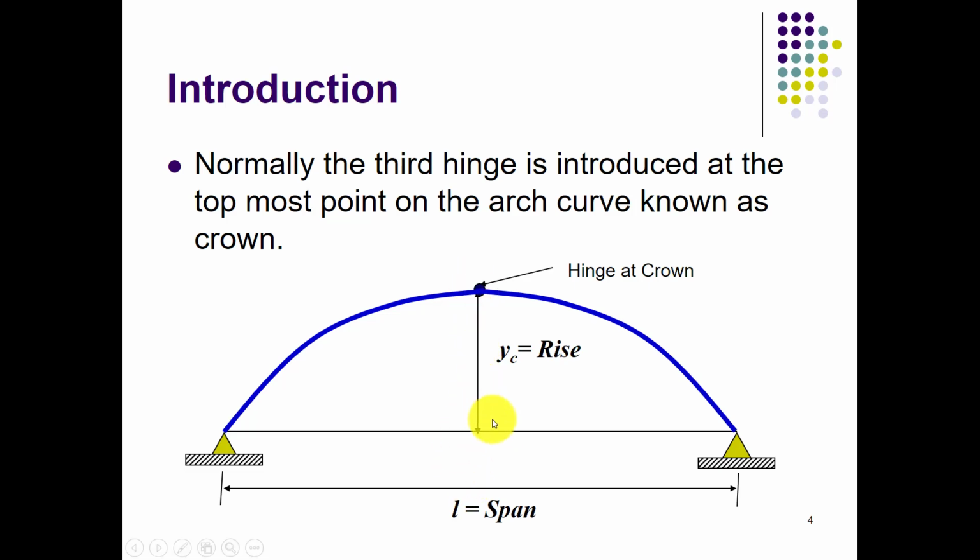It has a hinge at the top of the camber, or crown. On the other hand, we have a two-hinge support at both ends. These supports resist two reactions, horizontal and vertical, and this intentionally introduced hinge is used to provide the moment release.